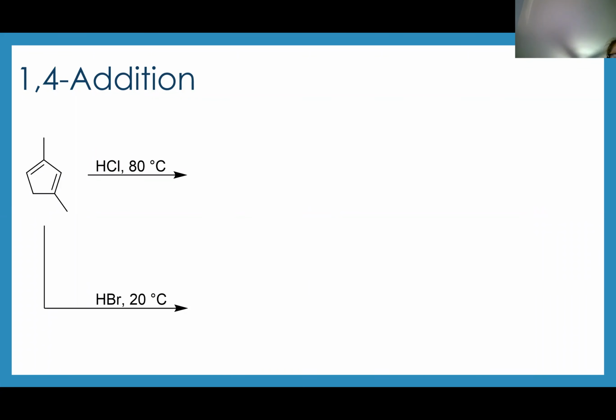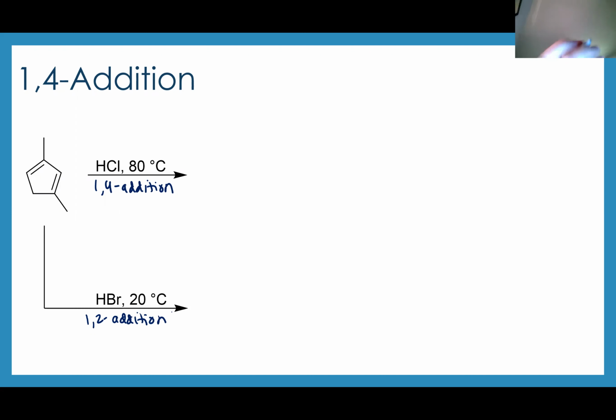So in this 1,4 addition, let me make sure I can draw. In this first one, it's a 1,4 addition, and we know that because it's being heated. I only put the 1,2 addition on here just to give you some practice, but we can actually start there if you would like.